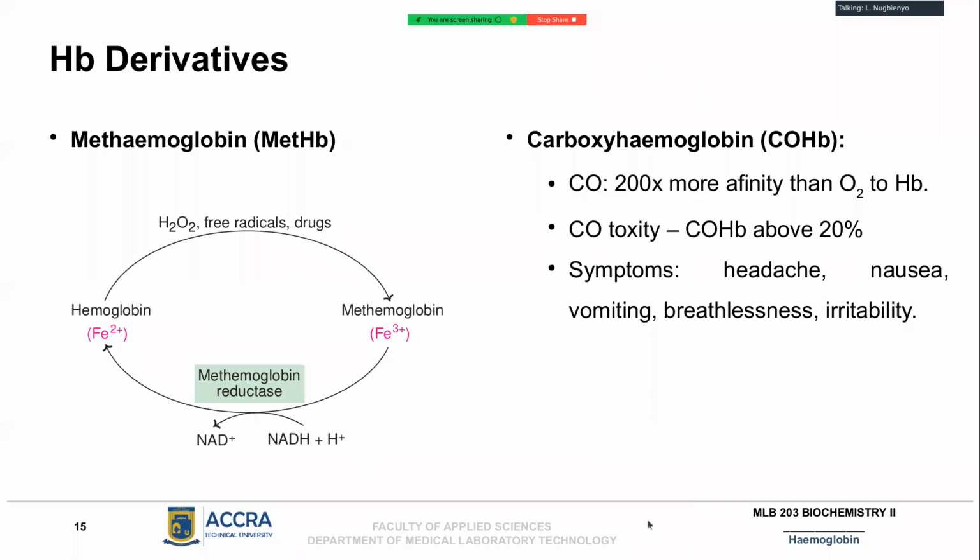So if you have high concentrations of carbon monoxide binding to hemoglobin, this results in a lesser amount of oxygen being carried to the cells, to the tissues, and especially to the brain cells. It will cause things like headache, vomiting, some nausea. It will cause some form of heaviness in the chest or breathlessness, and of course, some irritation.